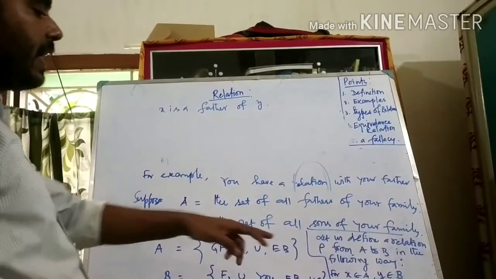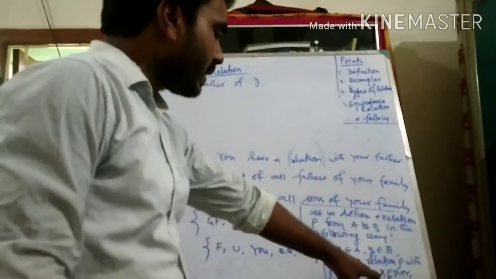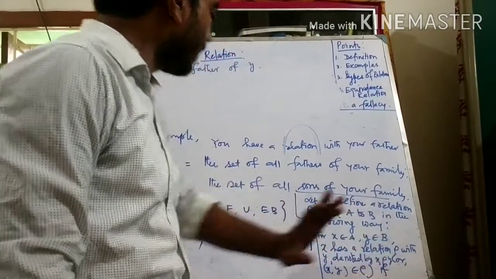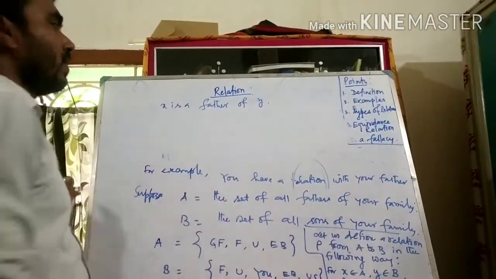So we are defining a relation rho from A to B in the following way: x is rho related to y if and only if x is a father of y.